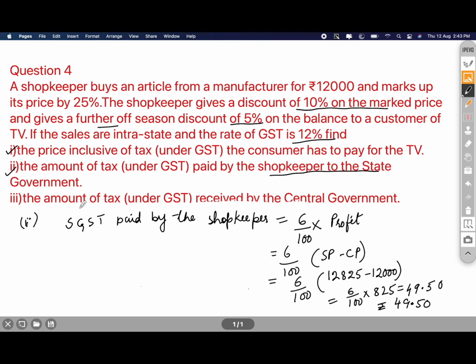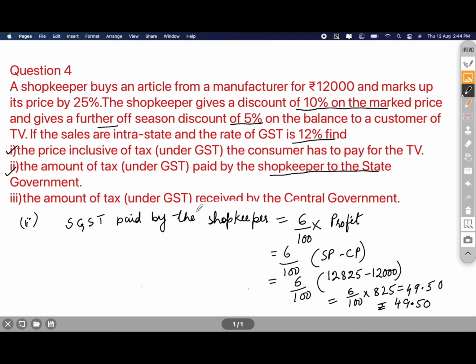And the third part, the amount of tax under GST received by the central government. That means the total tax received by the central government. And I told you earlier that whatever the consumer pays as tax to the central government and also to the state government is the total tax received by the state government and the central government.